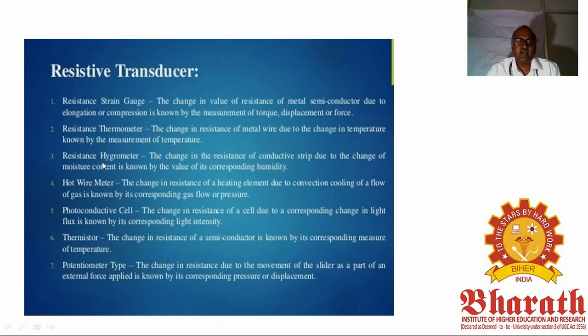The resistance hygrometer: the humidity can be measured based on the variation in the resistance. Hot wire meter: depending upon the convection, the cooling due to the flow of gas produces a corresponding resistance change, and it can be used for the measurement of gas flow or pressure.